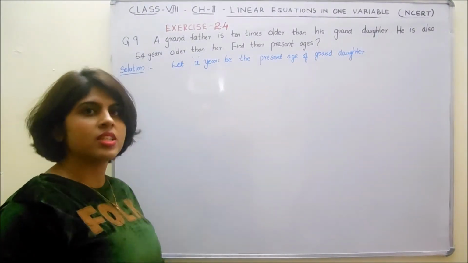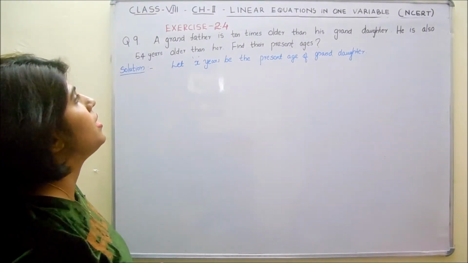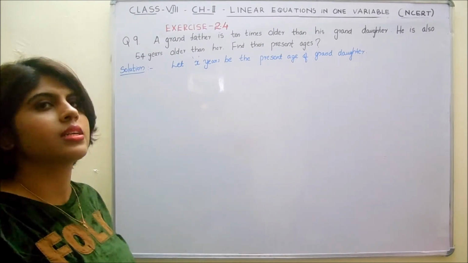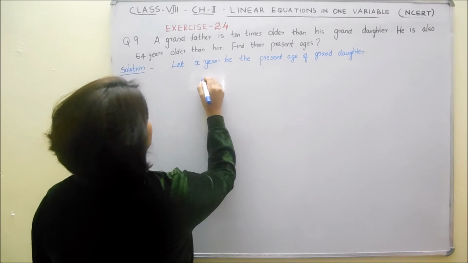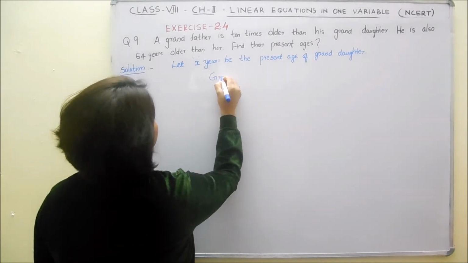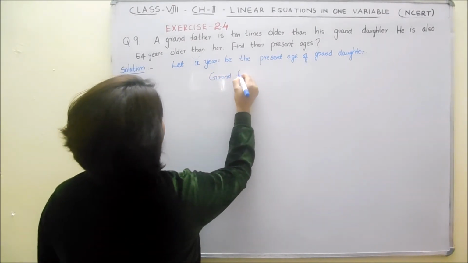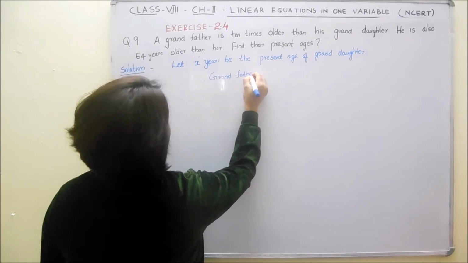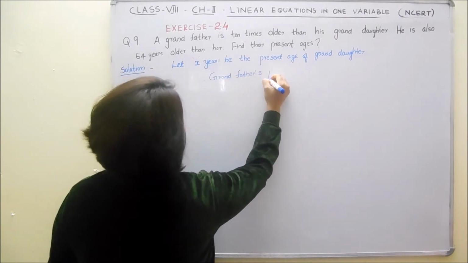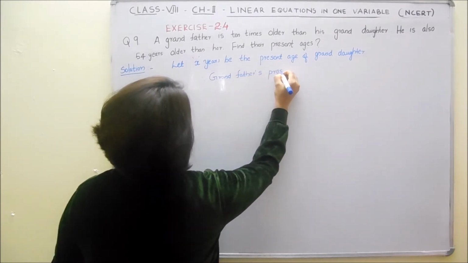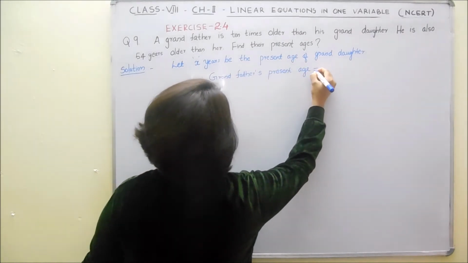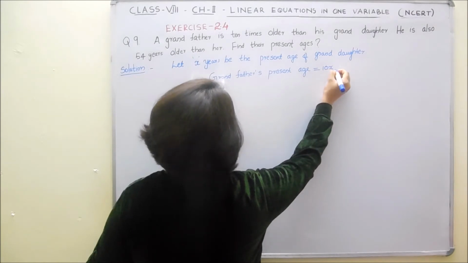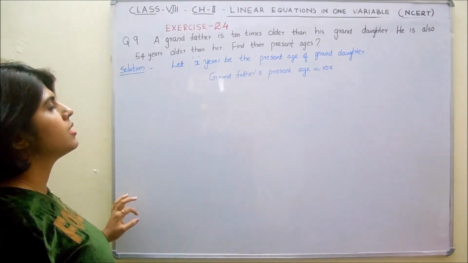Then what would be grandfather's age? It would be 10 times granddaughter's age. Yes. Therefore, grandfather's age equal to 10x. Right? Yes.